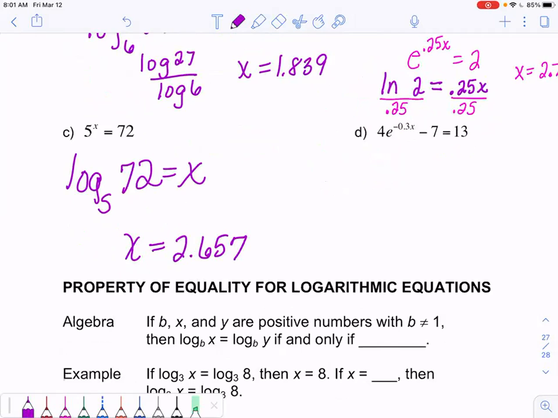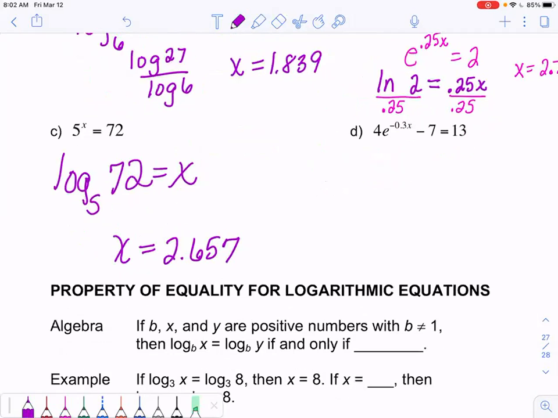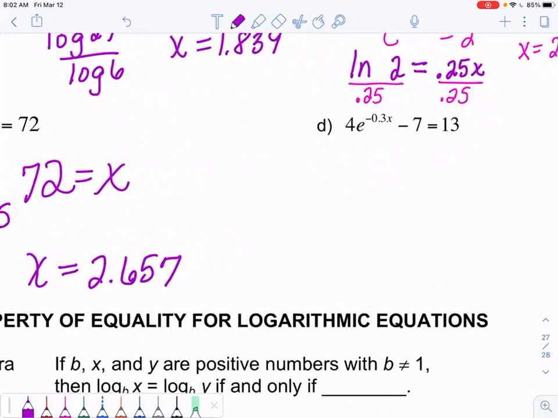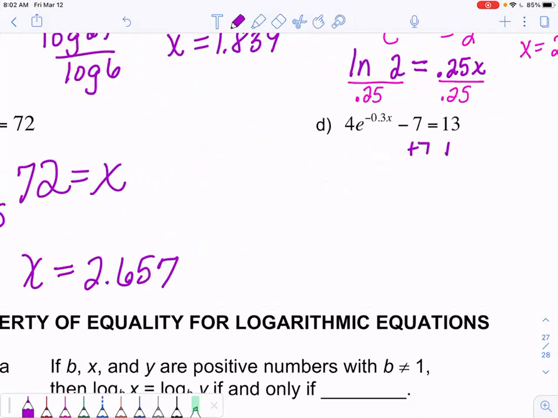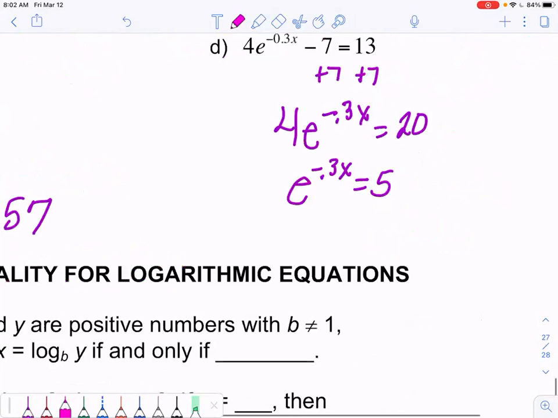For letter D, this one we need to solve. So Gabby Snyder, first we would take 7 to the other side. And then, yeah. And finally, yeah, write it in the logarithmic form.